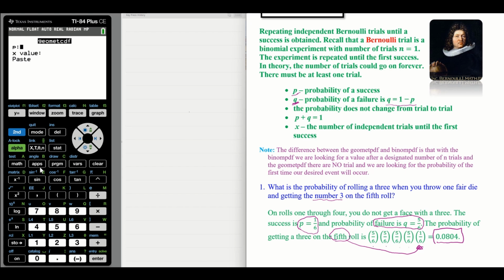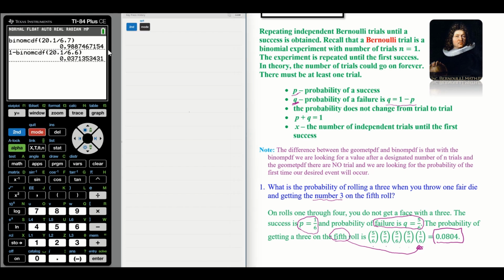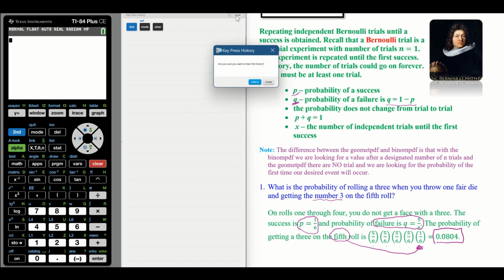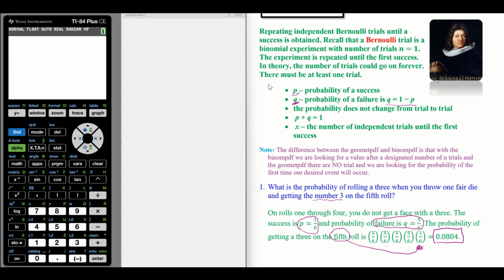I'm going to clear this out so we can remember exactly how to get this. Let's clear it all out. So what do we have? We will have second vars alpha cosine. We're back where we were.